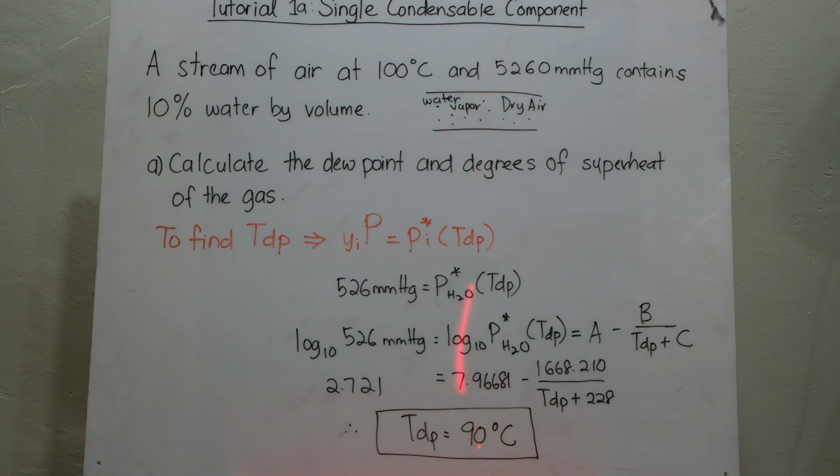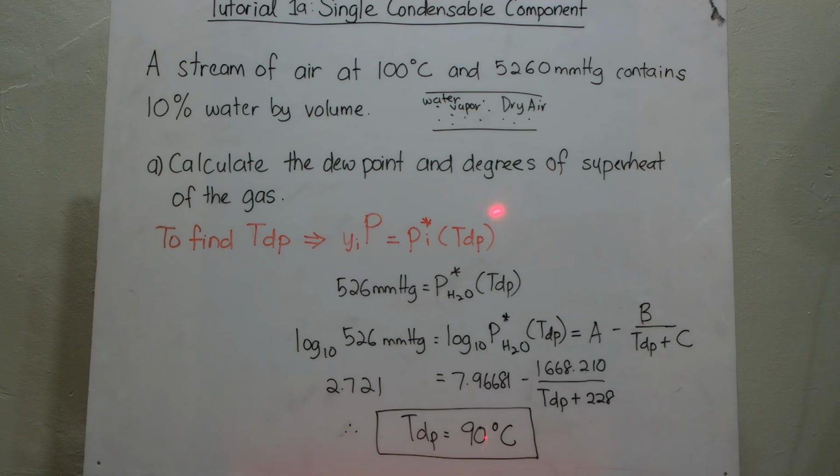If you cool the system to 90 degrees C, instead of vapor it will become water, the first water droplets at 90 degrees C. So this is how you do calculation to find T dew point. You have to use the Antoine equation, but you have to do this type of calculation to get T. In single condensable, if you need to find T, this is the way.